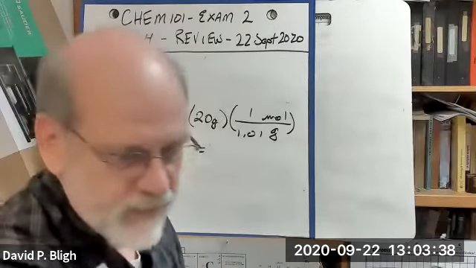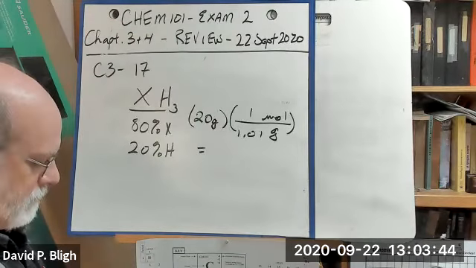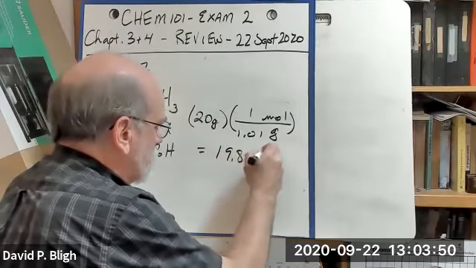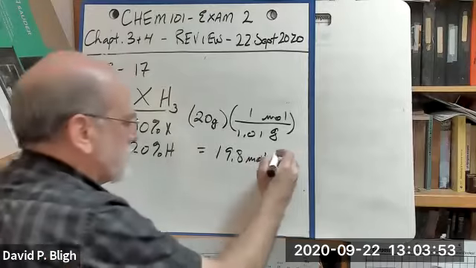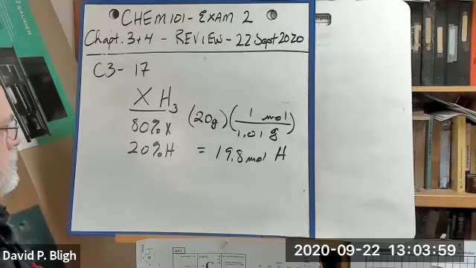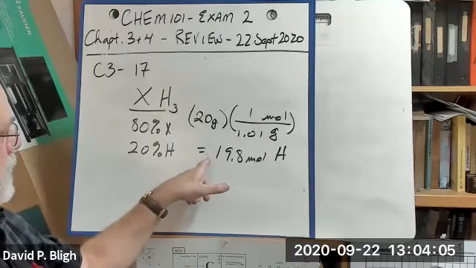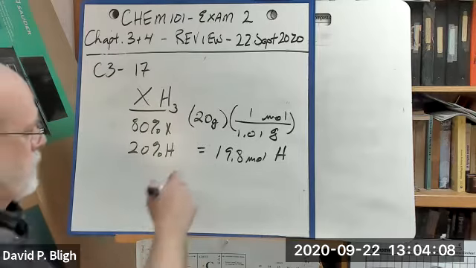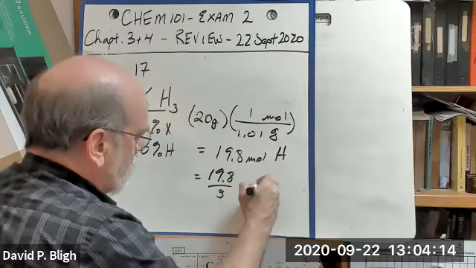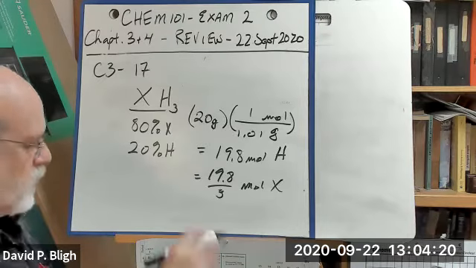So we have 20 divided by 1.01, which is 19.8 moles of hydrogen. Okay. So how many moles of X are there? A third of that, isn't it? If the ratio is 3 to 1, then 19.8 divided by 3 is 6.6 moles of X.